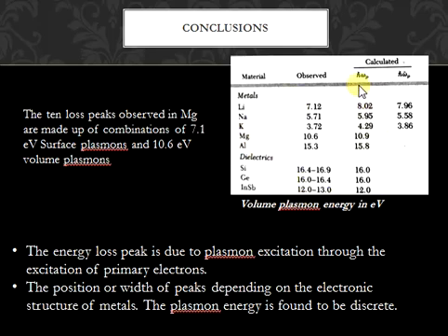This table shows the volume plasmon energy in electron volt for different metals as well as for dielectrics. As we saw earlier, for aluminum it is 15.3 and for magnesium it is 10.6 electron volt. This is the corresponding calculated value, which we can calculate using h cross omega p.